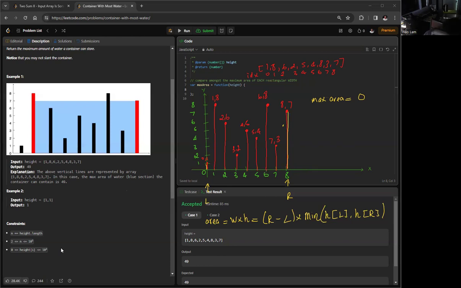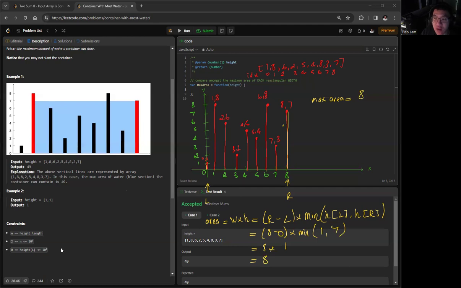Okay, so let's try that. 8 minus 0 multiplied by the min of the height at left, which is 1, and the height at right, which is 7, which is 8 multiplied by 1, equal to 8. And 8 is greater than 0, so we update the max area to 8. After we calculate the area, we always want to move the shorter line.